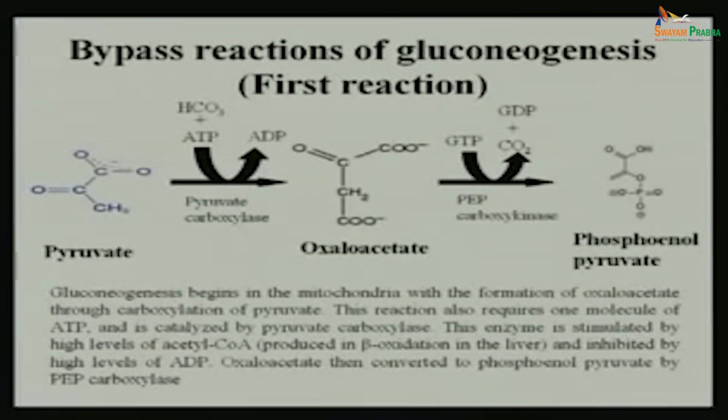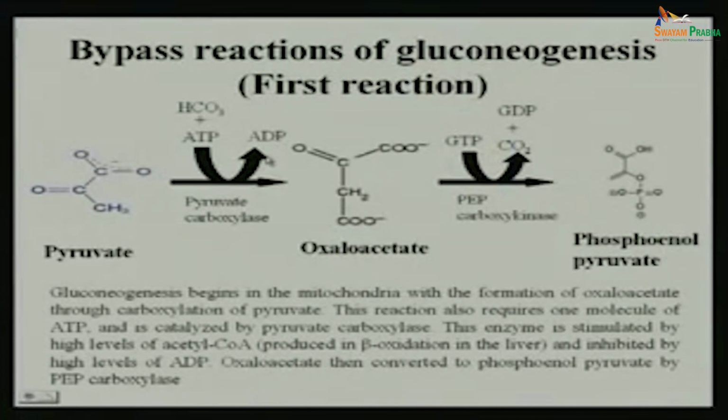So when glucose is produced from pyruvate, it is just opposite to the glycolytic process, but in actuality it is not totally like that, because some of the reactions which are irreversible in nature are bypassed in gluconeogenesis.